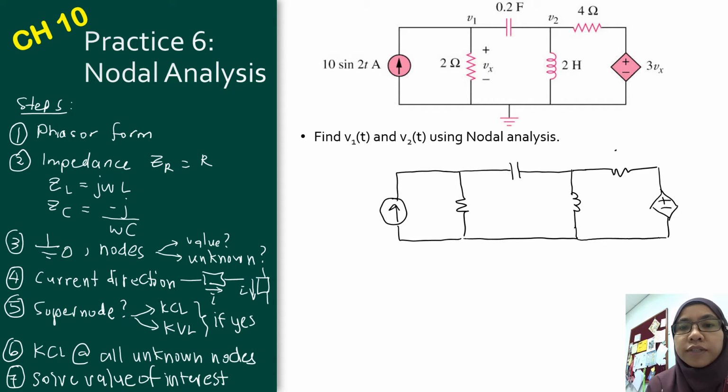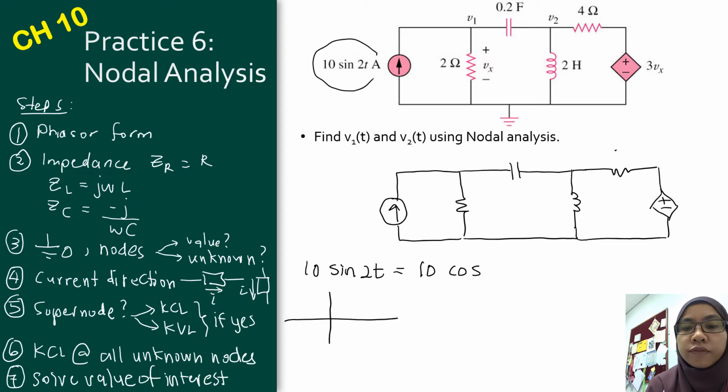If we look at the current source here, it is equal to 10 sine 2t, which is in sine form, and we need to convert it to cosine.